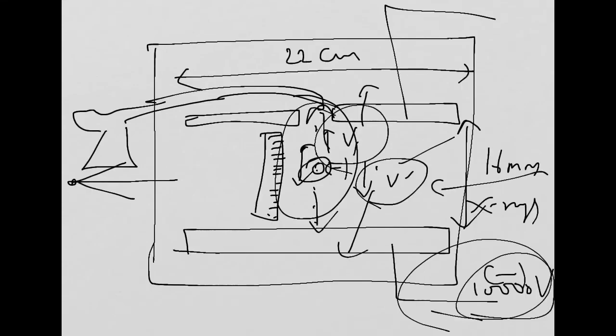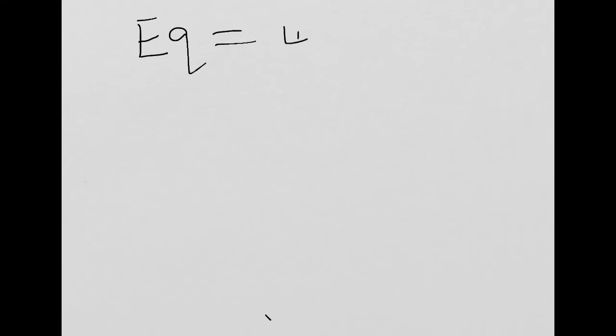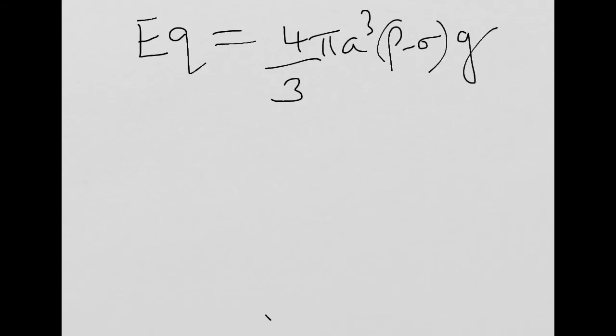What was the net downward force with which it was falling down? 4 by 3 pi a cube rho minus sigma into g. Remember, it is not simply balancing that, but it also makes the oil drop move upwards. As I told you already, there will always be a viscous force acting against anything which is moving, according to Stokes' law.